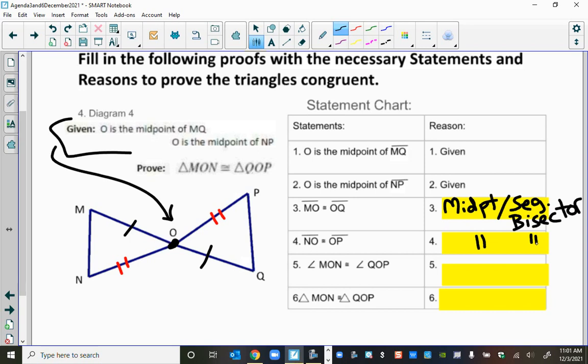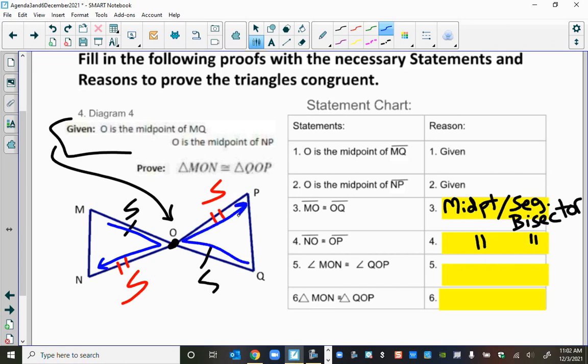Now, so right now we got a side. We have a side over here too. Now, why would angle MON be congruent to QOP?